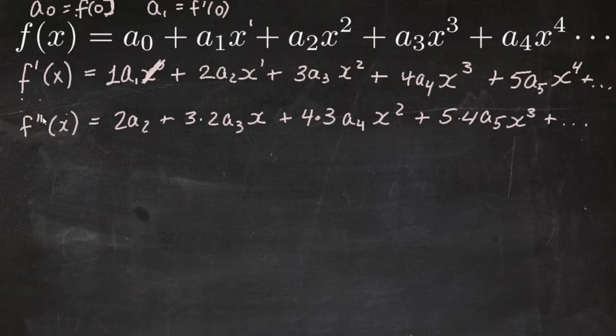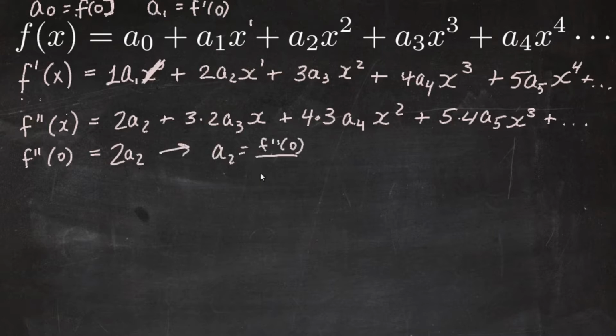So f prime prime of x is all of these terms, but notice still if I plug in x equals 0, this term and this term will be 0. So that tells me that f prime prime of 0 is 2a2. Or, conversely, a2 is f prime prime of 0 over 2.